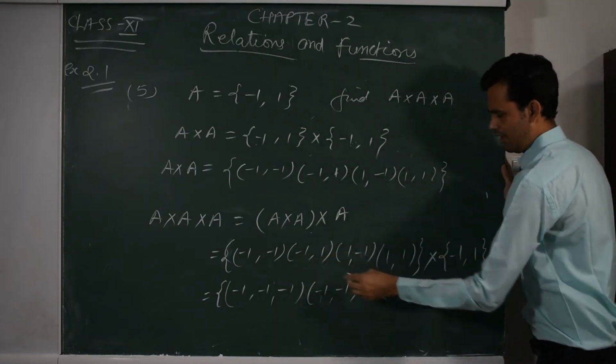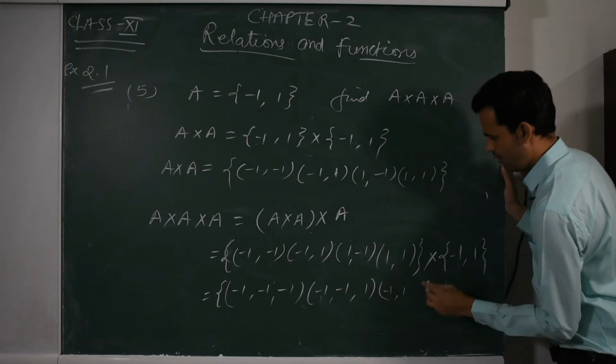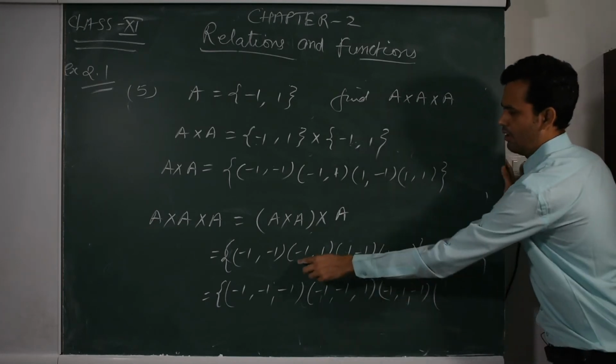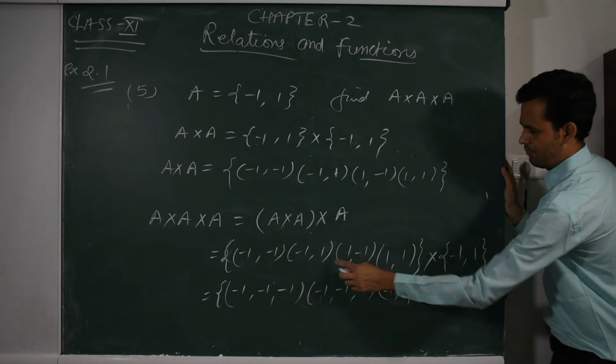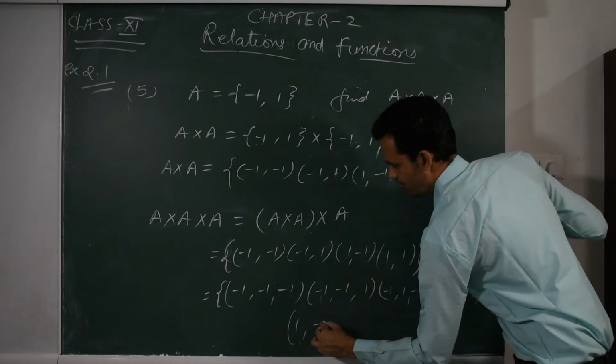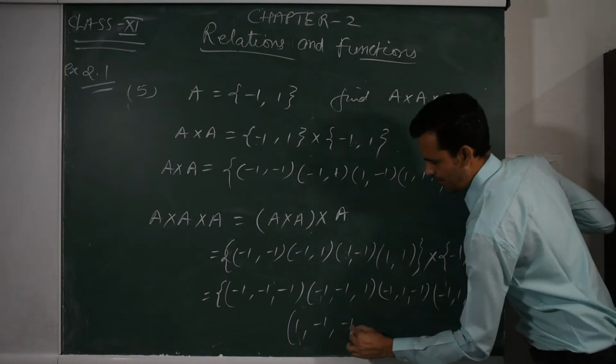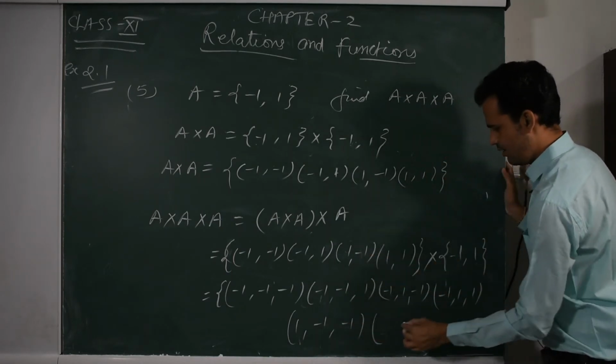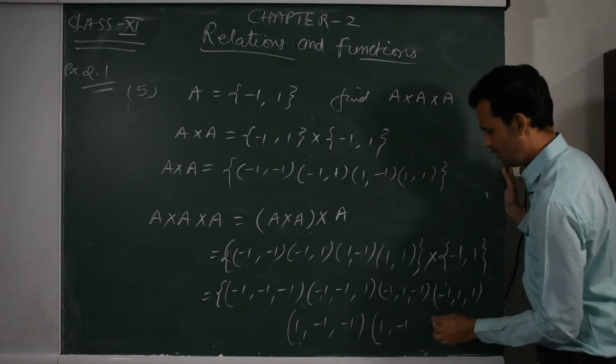Now this (-1, 1, -1), (-1, 1, 1), then (1, -1, -1), (1, -1, 1).